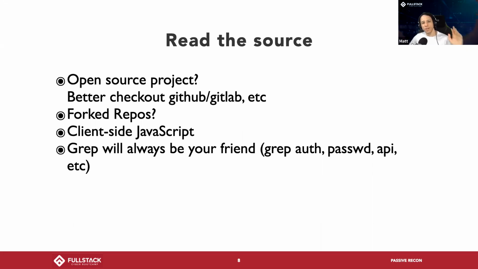Why don't I grep through that whole repository for words like auth or passwd or API, or anything like that? Then maybe I could find those relevant files and start narrowing down my search. You want to be clever with what you're looking for, but reading the source code is absolutely crucial, and it's going to be a skill we're going to need for PWK.